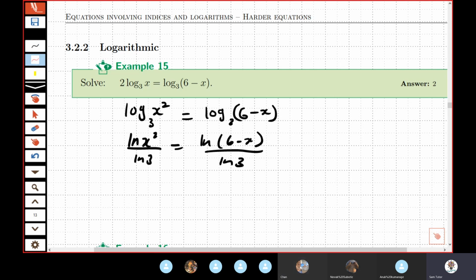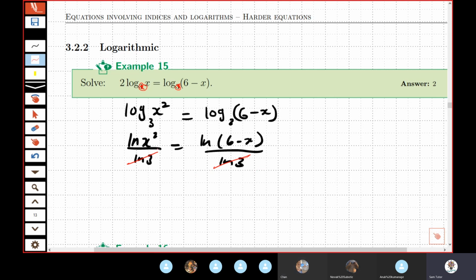Now, what you can learn, and what extension students should just know, is if you've got same sub bases here and here, this is going to happen every time. It's going to be all over log 3, all over log 3. Well, you can just get rid of it, can't you? You're just going to cancel it out, right, Chan?